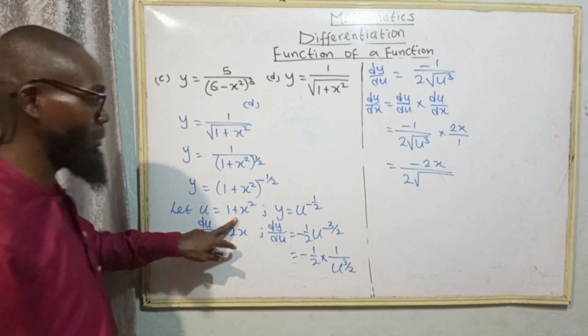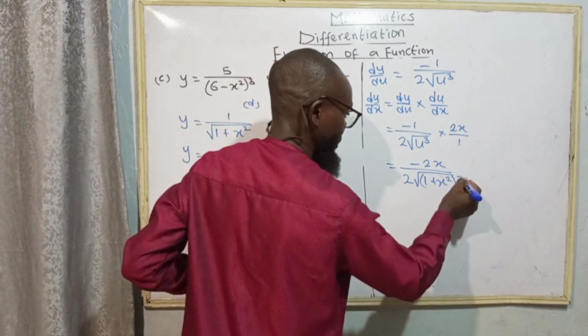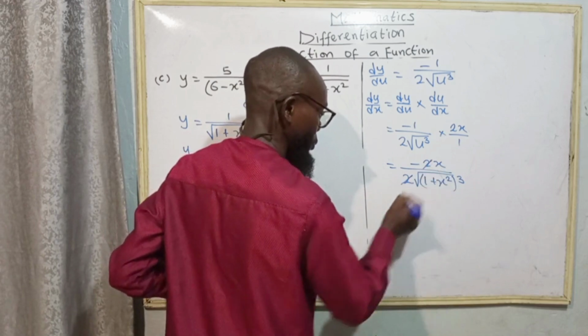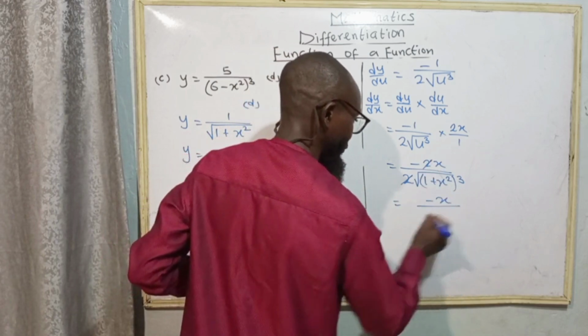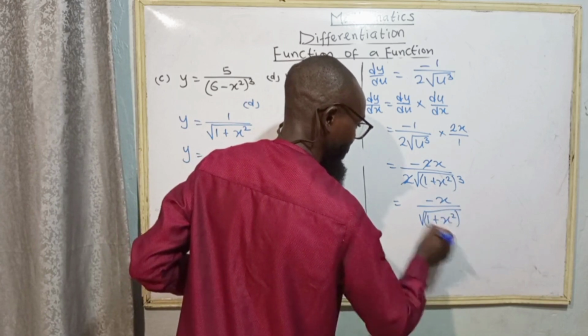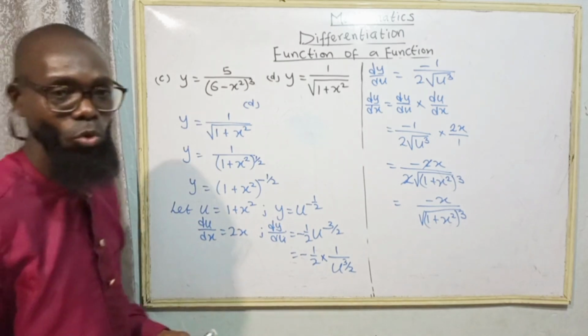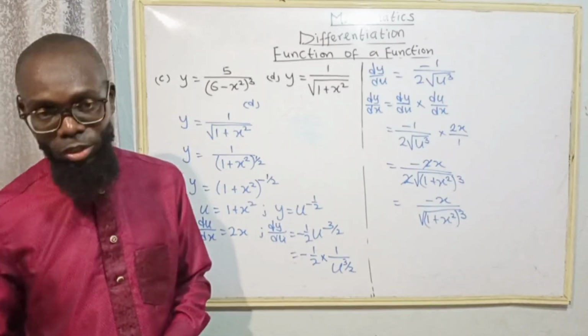Here, my u equals 1 plus x squared, then raised to power 3. 2 cancels 2, we have minus x over square root of (1 plus x squared) raised to power 3. So this is dy/dx, and this is how to go about function of a function.